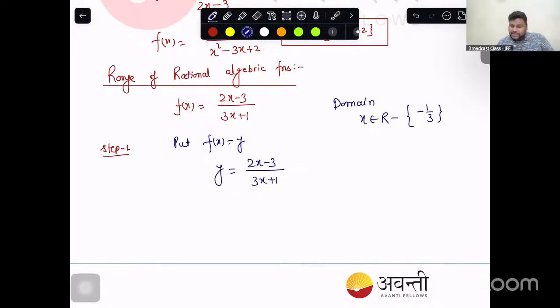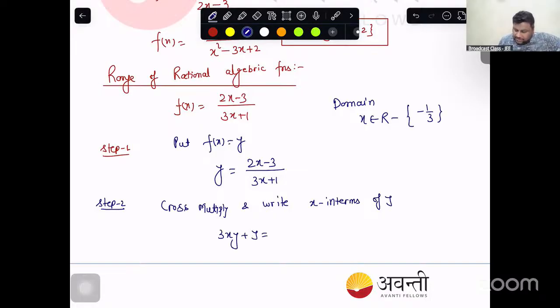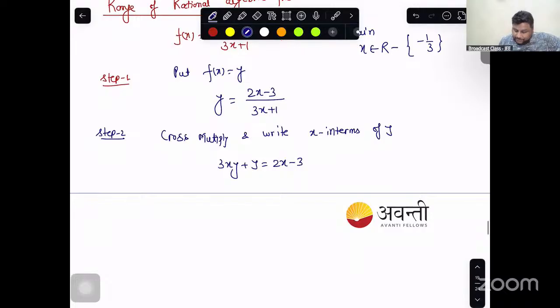Now to calculate range, write y as (2x - 3)/(3x + 1). Then step 2, cross multiply and write x in terms of y. So it is 3xy + y = 2x - 3.